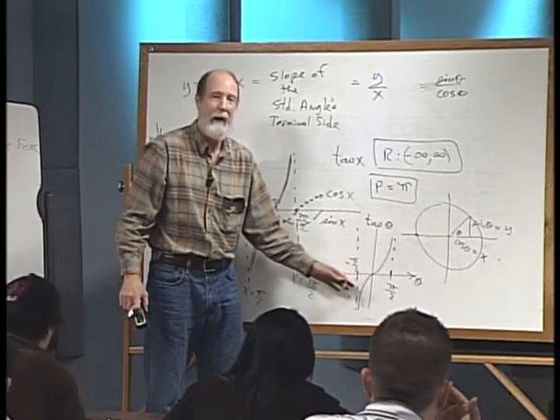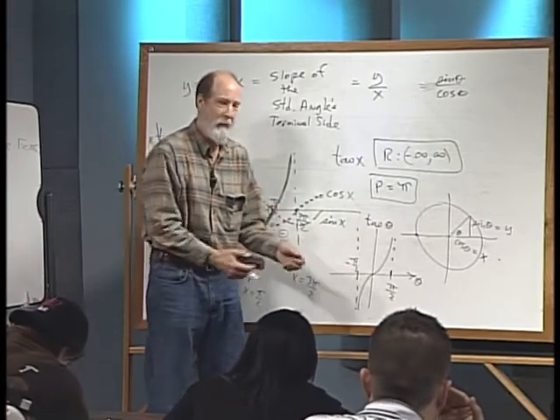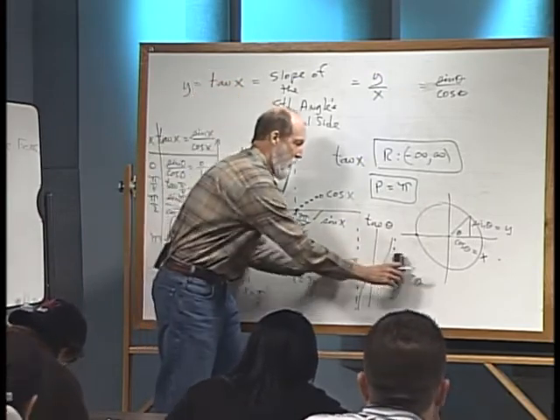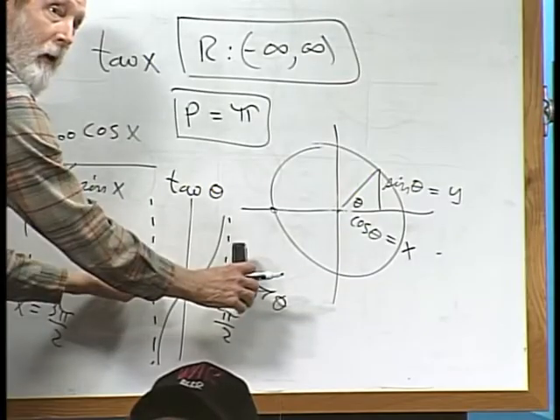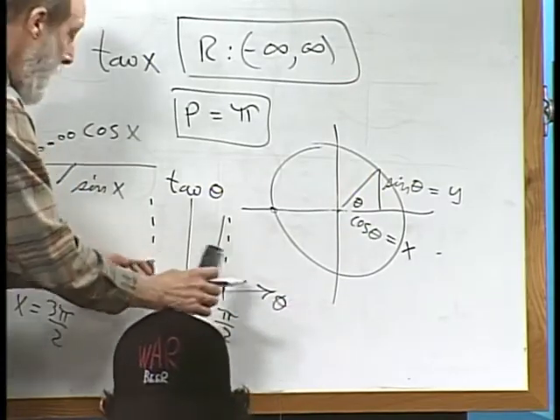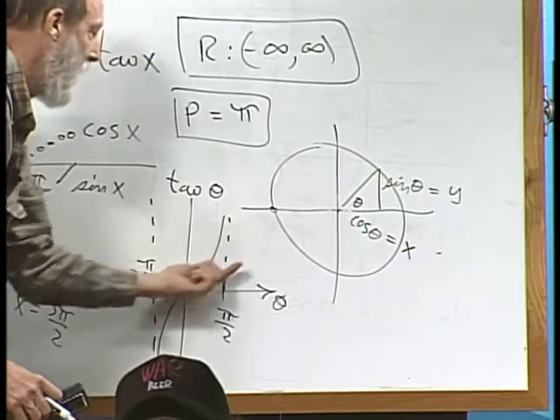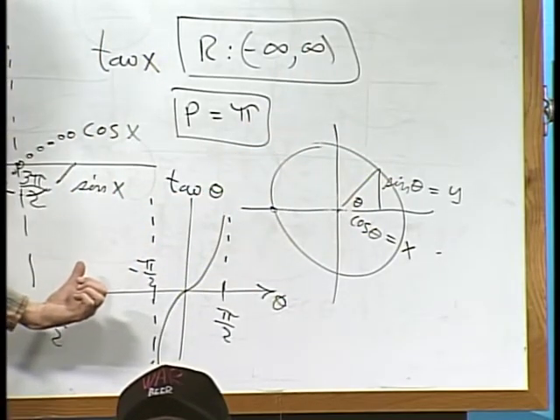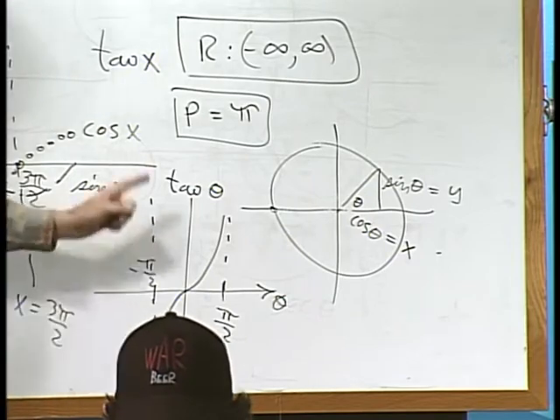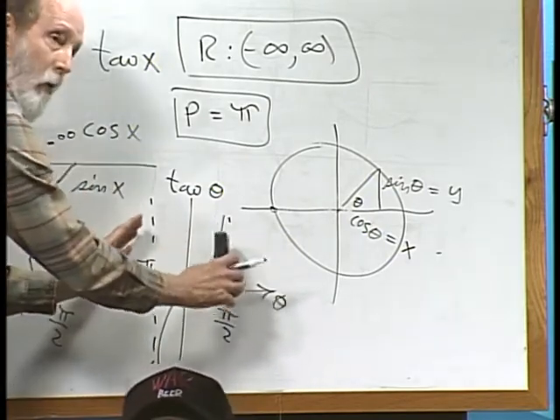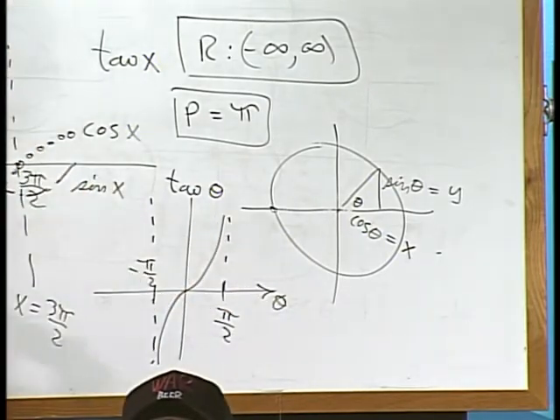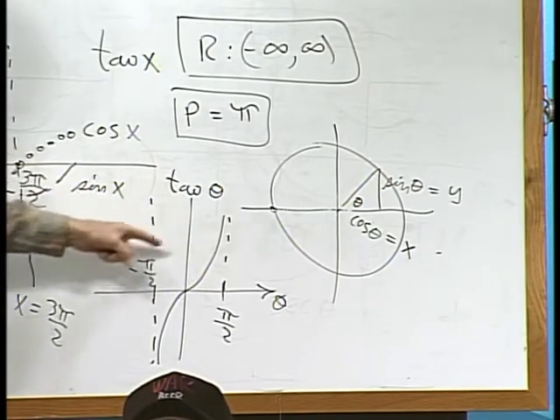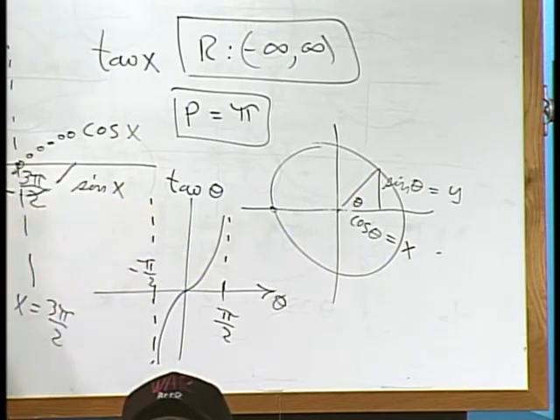It has kind of that x cubed looking character, except x cubed has no bounds. It's not locked into asymptotes. It's x raised to the third power, so it just keeps on doing its thing as you move out to the right or out to the left, all real numbers in the domain. This thing's locked in between these walls. Okay, so this is what you want to commit to memory as your elementary function.